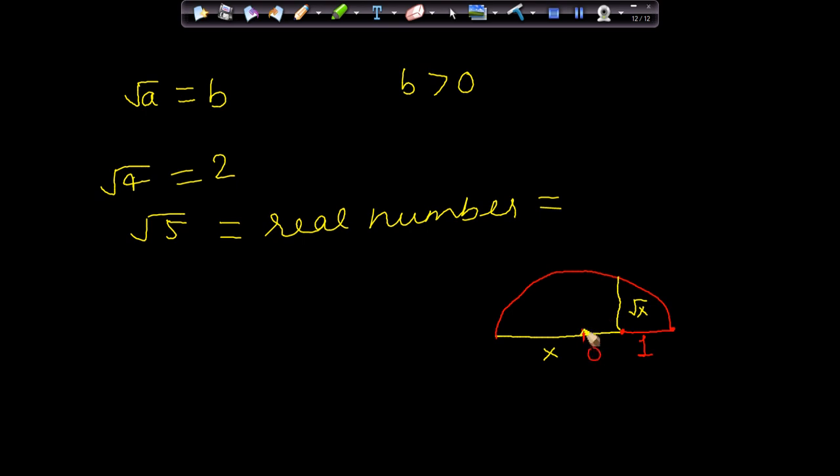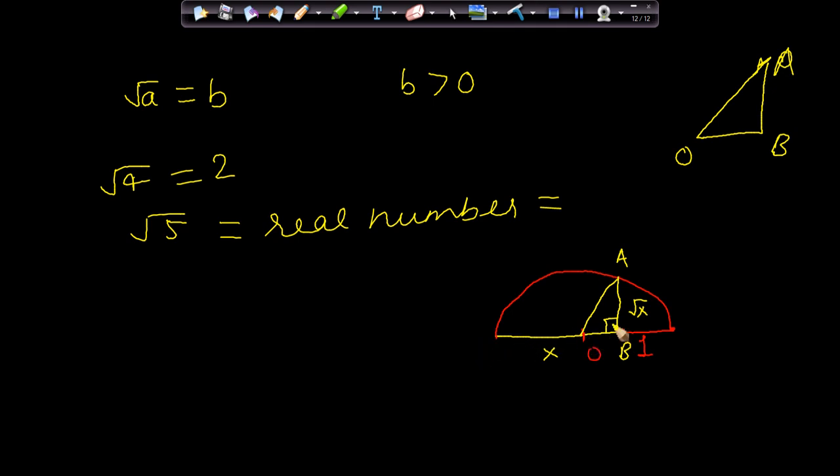So if I join this, we know this is a perpendicular. So if we see this triangle OAB, this is O, this is A, and this is B. So what is this length?